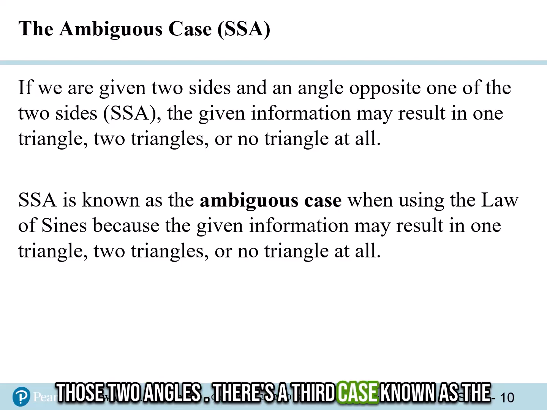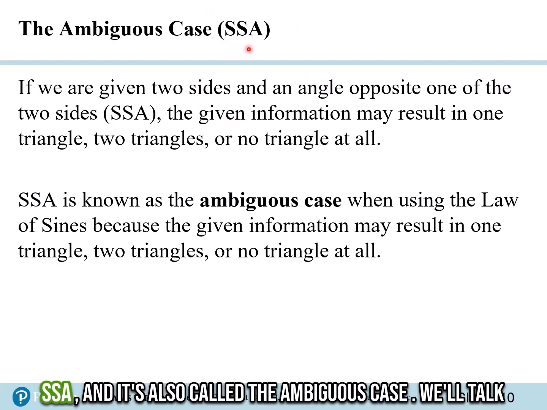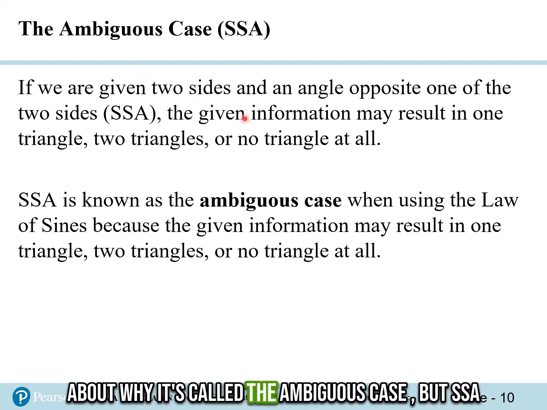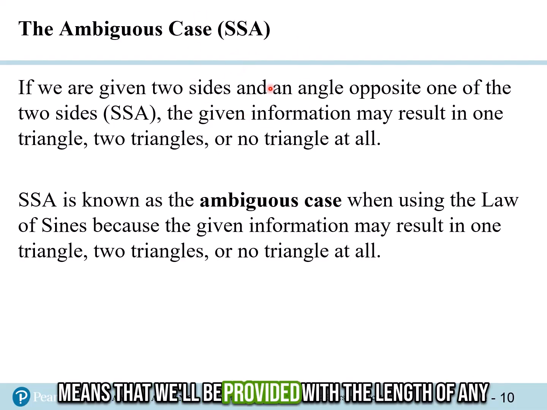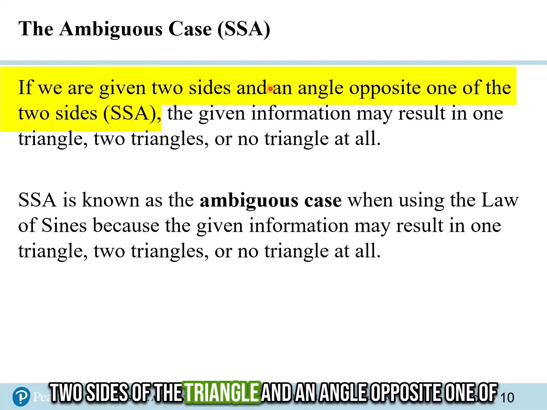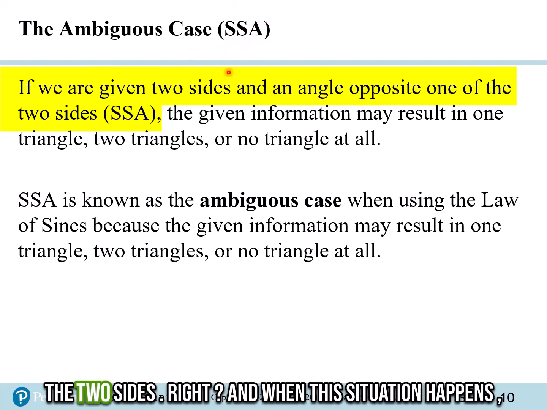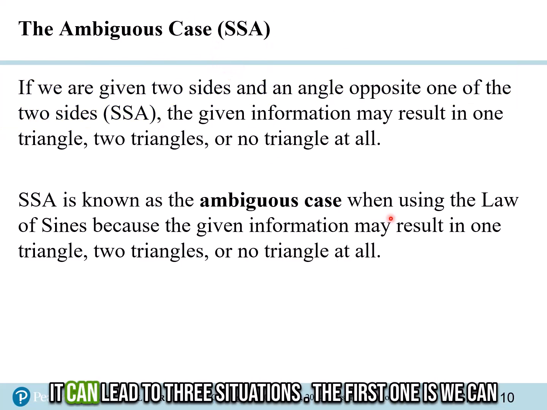There's a third case known as the SSA, and it's also called the ambiguous case. We'll talk about why it's called the ambiguous case, but SSA means that we'll be provided with the length of any two sides of the triangle and an angle opposite one of the two sides. Right? And when this situation happens, it can lead to three situations.